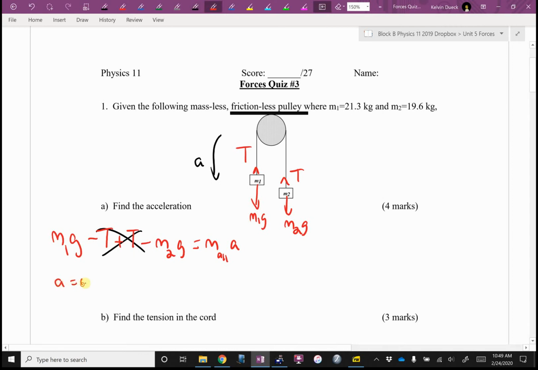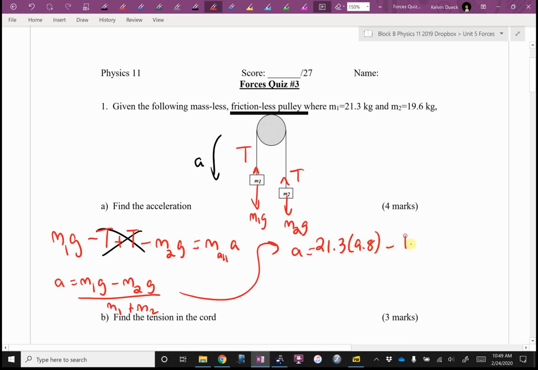A is going to be M1G minus M2G all over M1 plus M2. A is going to be 21.3 times 9.8 minus 19.6 times 9.8, all over 19.6 plus 21.3, or 21.3 plus 19.6, doesn't matter which order I write those in the bottom.